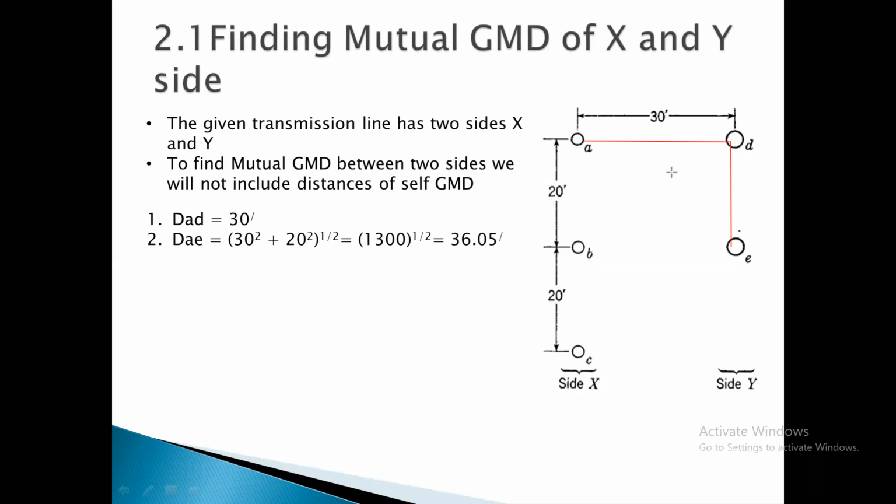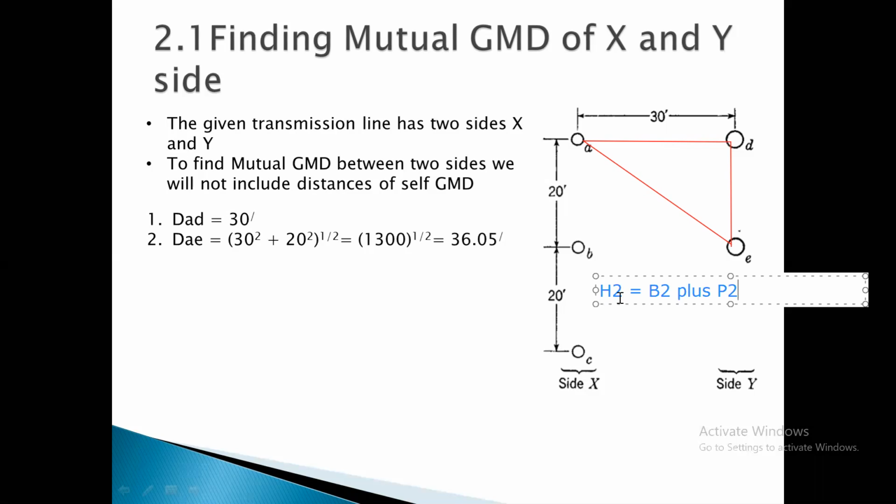It is a perpendicular of a triangle, so I will just draw a triangle here. Then from the formula we learned in high school, the hypotenuse square is equal to base square plus perpendicular square.